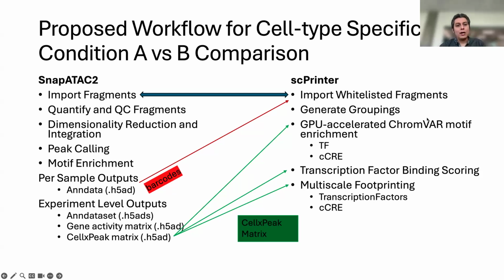After that point, scPrinter has you do what they call generate groupings. And if you're familiar with, say, DESeq2, when you're creating your contrast matrices, that's what this process reminds me of. You're really just setting up the comparisons that you want to make, and you're doing it in a way that scPrinter's data structures will understand what you are trying to compare.